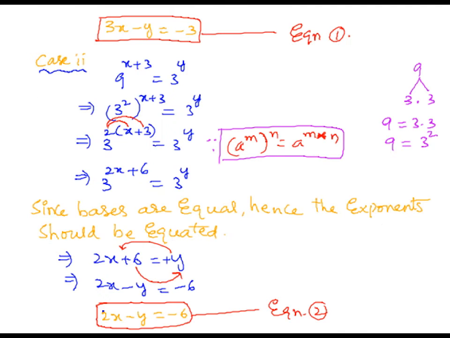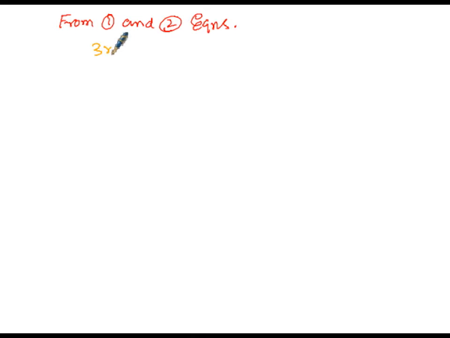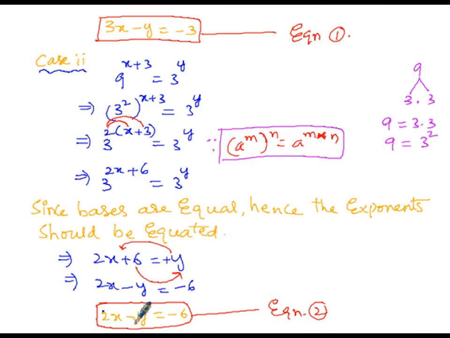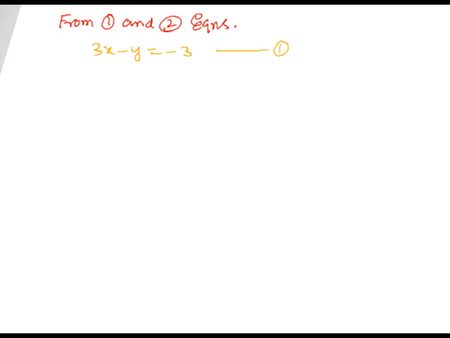From equations 1 and 2, the first equation is 3x minus y equals minus 3. So 3x minus y equals minus 3 is our first equation, and the second equation is 2x minus y equals minus 6.